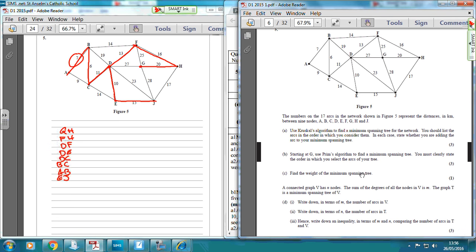If we just double check that on the calculator, 7 plus 6 plus 11 plus 13 plus 10 plus 16 plus 20 plus 15 equals 98. So I'd write down 7 plus 6 plus 11 plus 13 plus 10 plus 16 plus 20 plus 15 equals 98 kilometres.